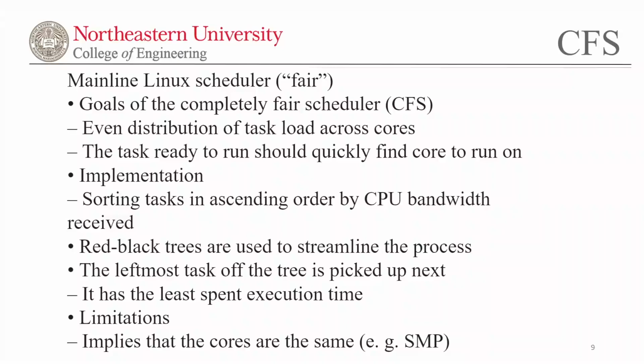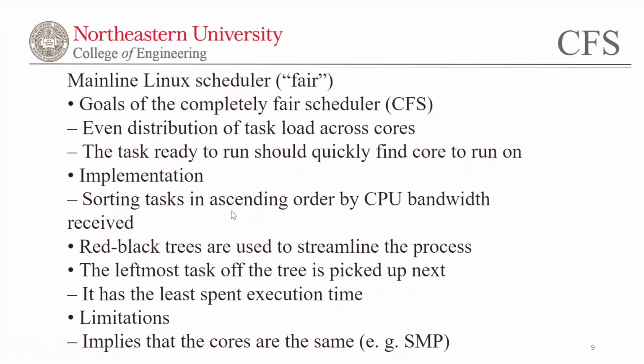The implementation of this scheduler is sorting tasks in ascending order by CPU bandwidth received. And after that, we will build a red-black tree. This red-black tree is used to streamline the process.